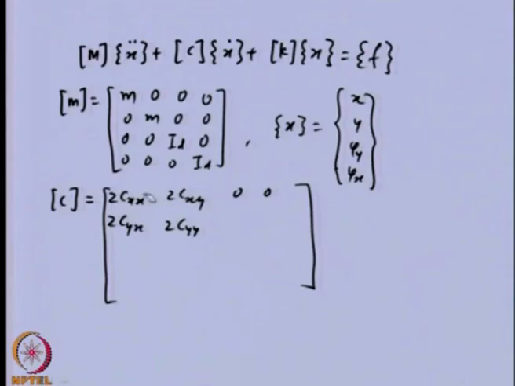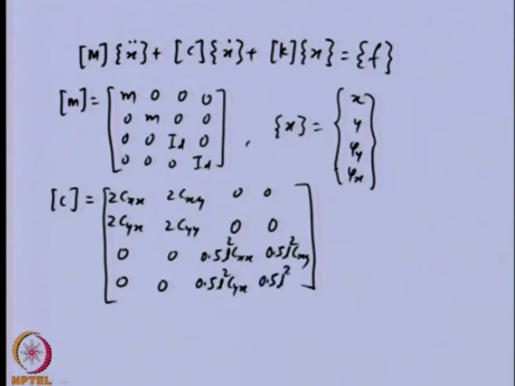Earlier the damping term was not there totally, but now we are having all 4 components, and also the last 2 are corresponding to the moment balance. So, we have 0.5 L square C x x, 0.5 L square C x y, and that is C y x, and this is C y y. Now, the stiffness matrix will be having a similar form. I will give you that in the next slide.